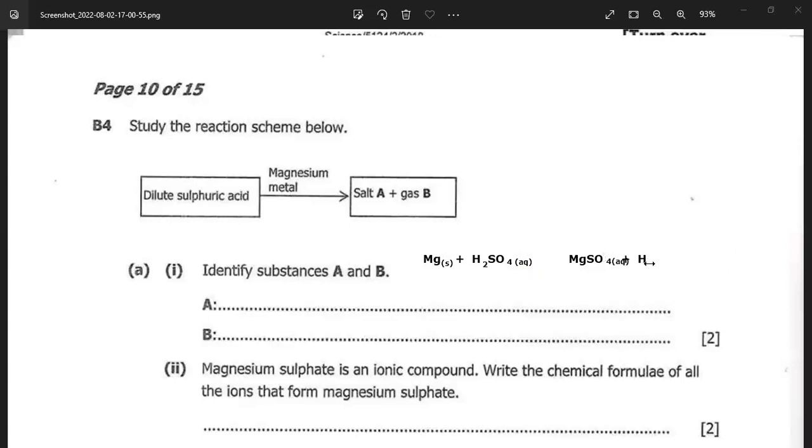Then plus hydrogen H2, which is a gas. This is already balanced. So this is how the reaction looks.